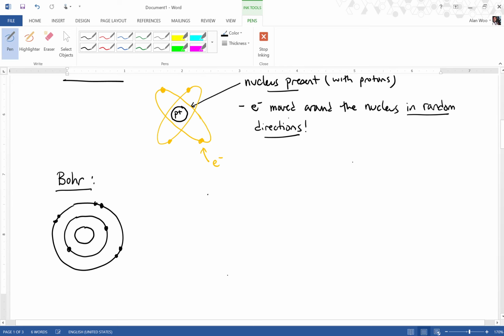This is the classical Bohr model. I have a much simpler method of drawing out the Bohr model that I'll show you, but we'll look at how the electrons are affected here. So the electrons in the Bohr model moved in perfect circles around the nucleus.